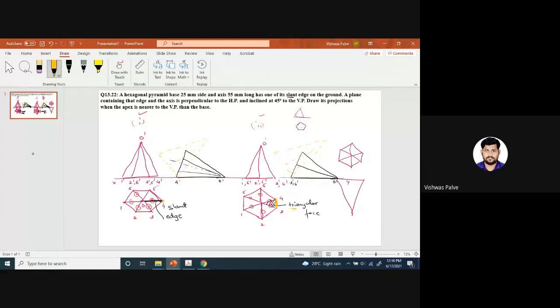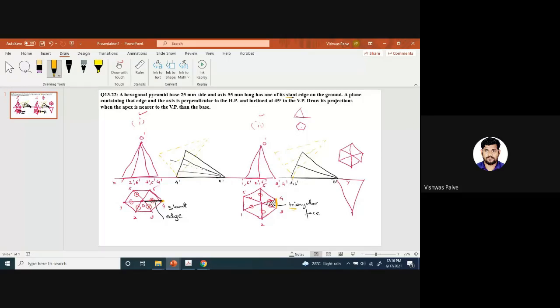So in the question, you have to identify the resting condition, and with the help of that, we have to draw its base shape in the top view. First of all, we cannot directly draw it like this or like this. You have to first identify whether it is a corner resting condition or an edge resting condition. With the help of that, we'll decide whether we have to draw a corner at this point or an edge at this point. So this is very important.